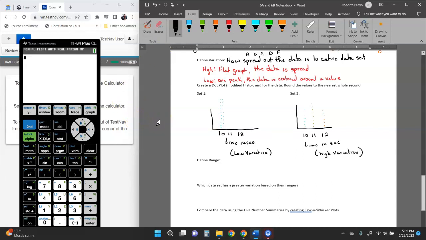All right, and then if we talked about the range, the range by definition, we can actually do two different things. We can either say it's the max to the minimum value, or we can subtract the numbers.